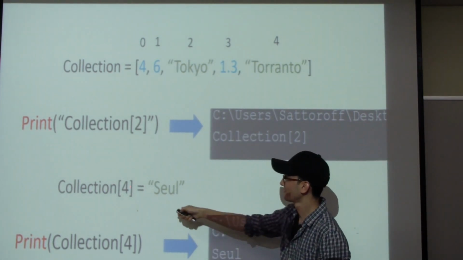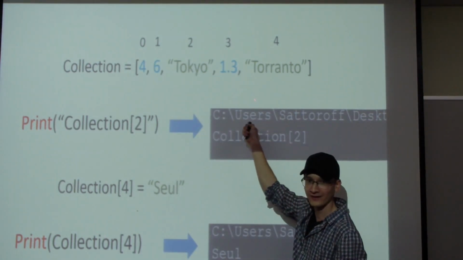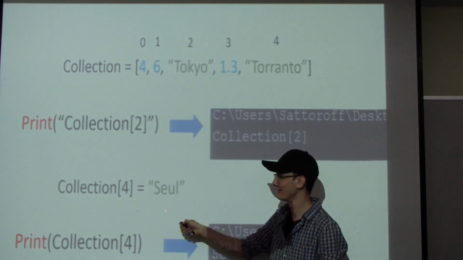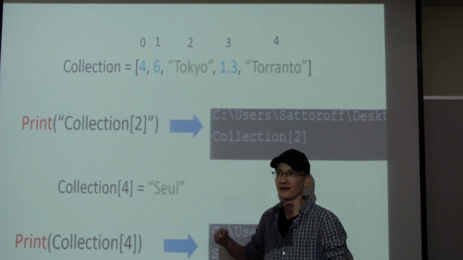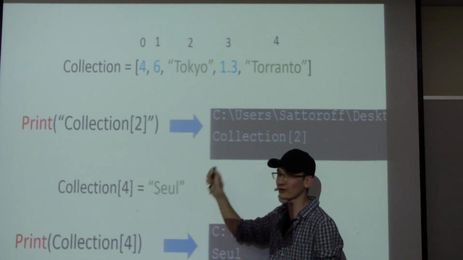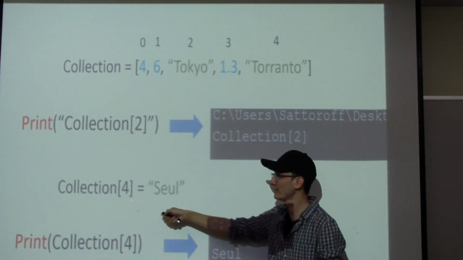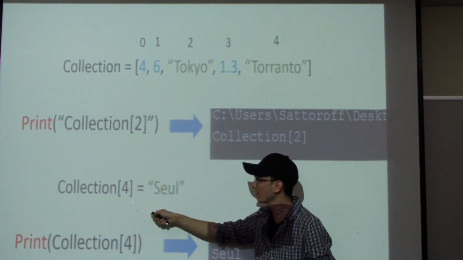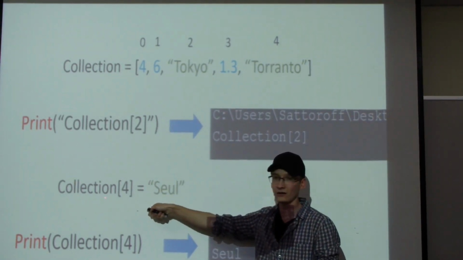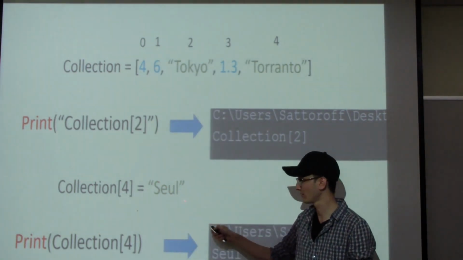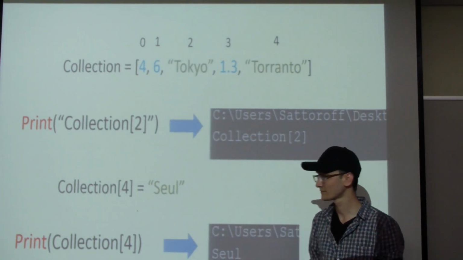Also, our first element is Toronto. Now we are changing the value here. We are saying to the computer, hey computer, change the value Toronto to Seoul. Now this variable takes this new value, Seoul.